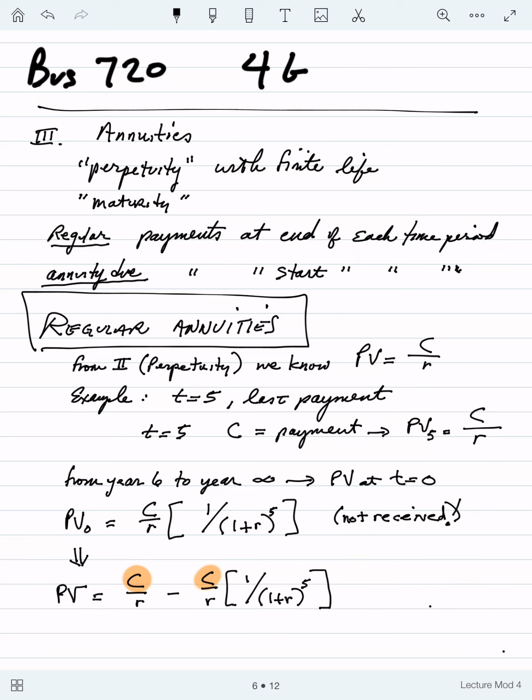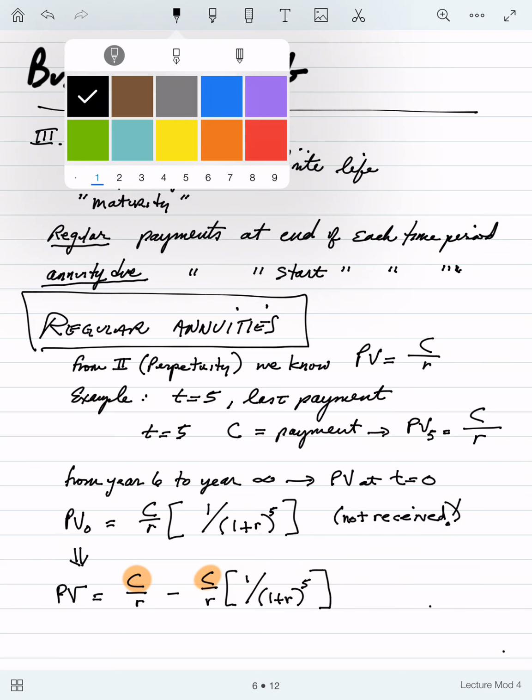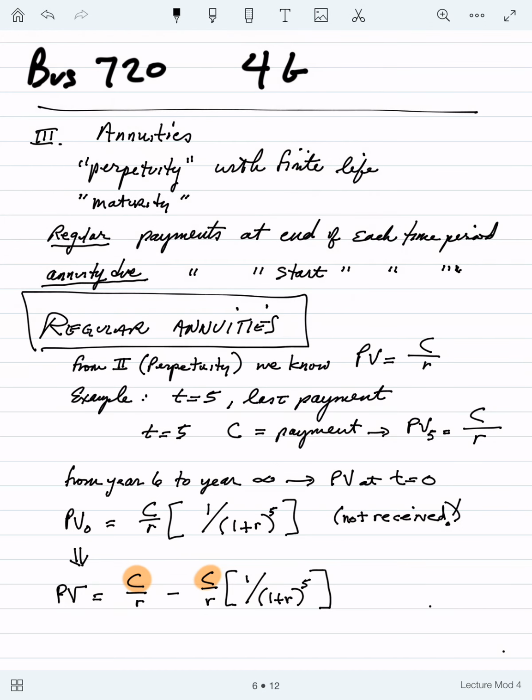So it would be C times 1 over R minus 1 over R, and inside here we have 1 over 1 plus R to the 5th.